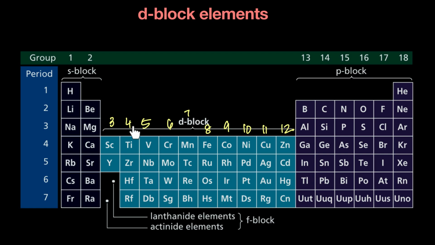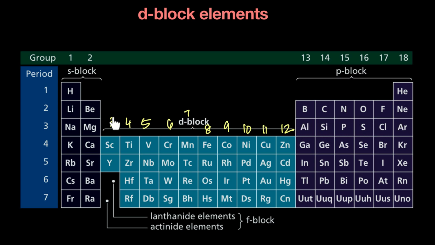So, why are these the D block? I can give you an example from the first row. These guys are D block because their highest energy electron, or the outermost electron, occupies a D orbital. These guys start filling up from 3d1 to 3d10. If you remember the periodic table, these were 1s1, 1s2, 2s1, 2s2, 2p1, all the way to 2p6, 3s1, 3s2, then 3p1 all the way to 3p6.